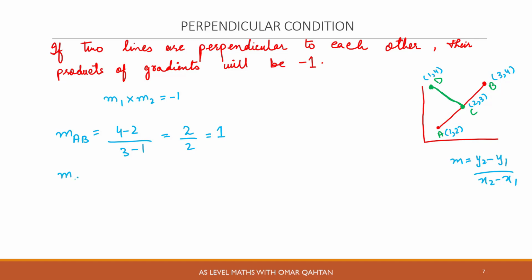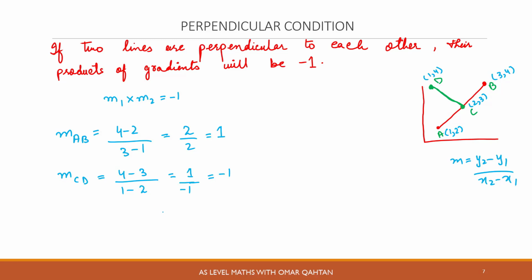Now let's find the gradient for the line CD. 4 minus 3 upon 1 minus 2. 4 minus 3 is 1, 1 minus 2 is minus 1, which is minus 1.